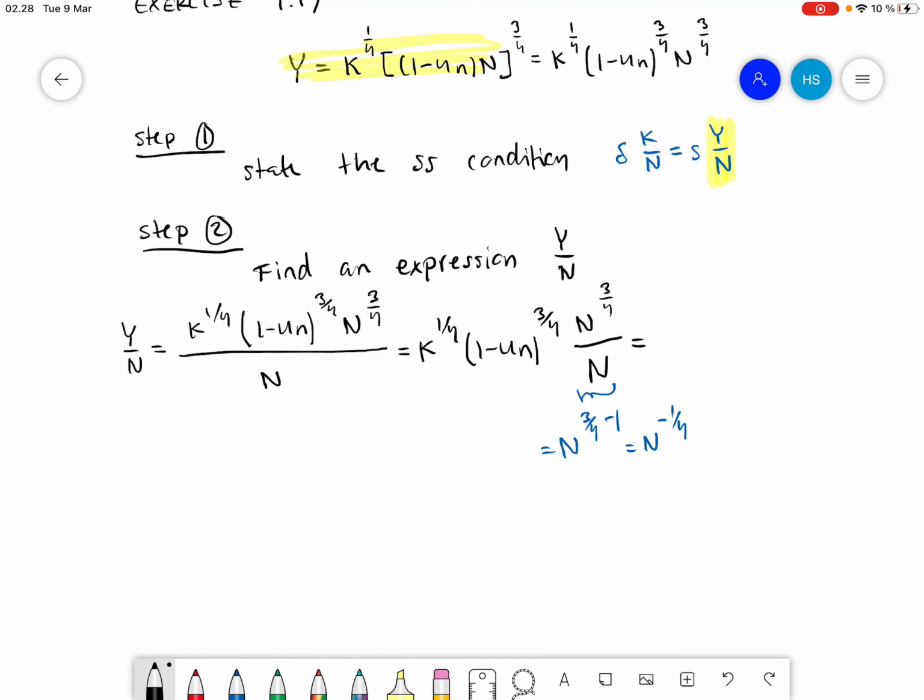So we get that the expression for the output per worker is K to the power of 1/4 times (1 minus the natural unemployment rate) to the power of 3/4 times N to the power of minus 1/4. This we can rewrite a bit.